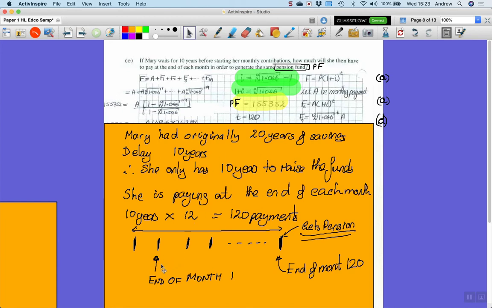She pays at the end of the month, not at the beginning. So her last payment is in for how long? Well, it's going to be in for 0.